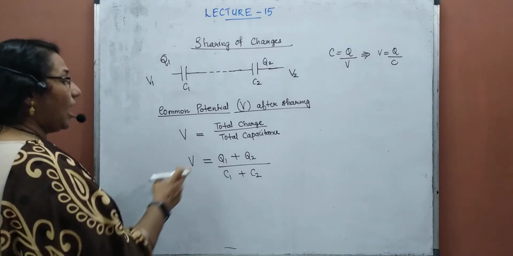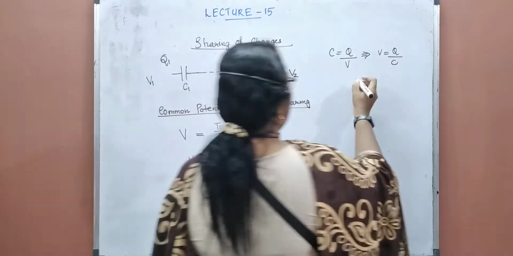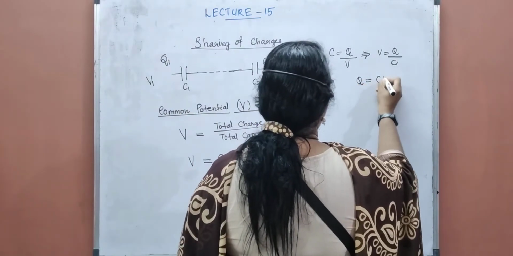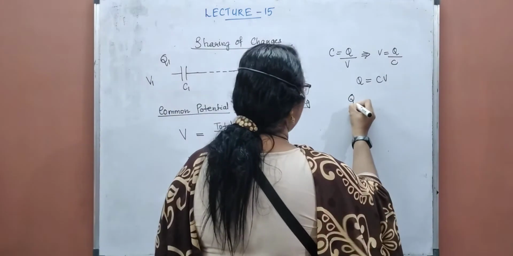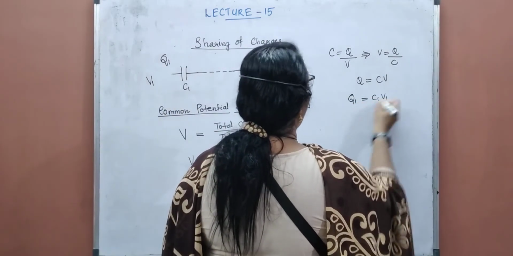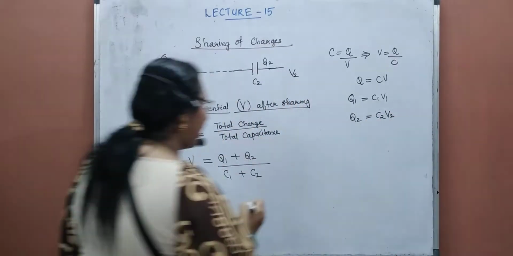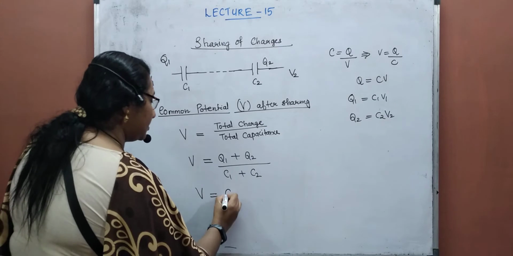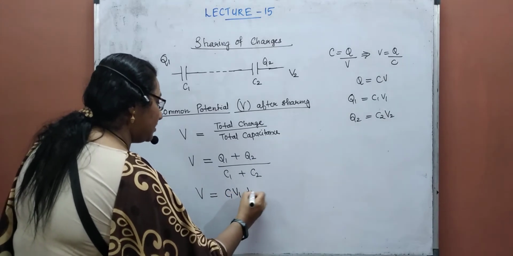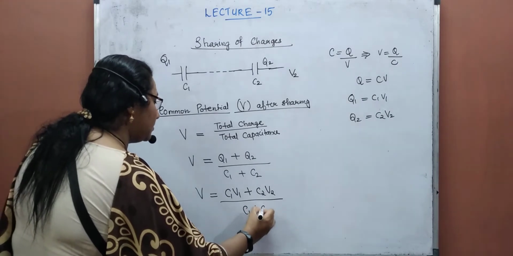And how do we take Q1 and Q2? From the equation, Q is equal to CV. So Q1 becomes C1 V1 and Q2 becomes C2 V2. So the common potential after sharing becomes V equal to C1 V1 plus C2 V2 divided by C1 plus C2.